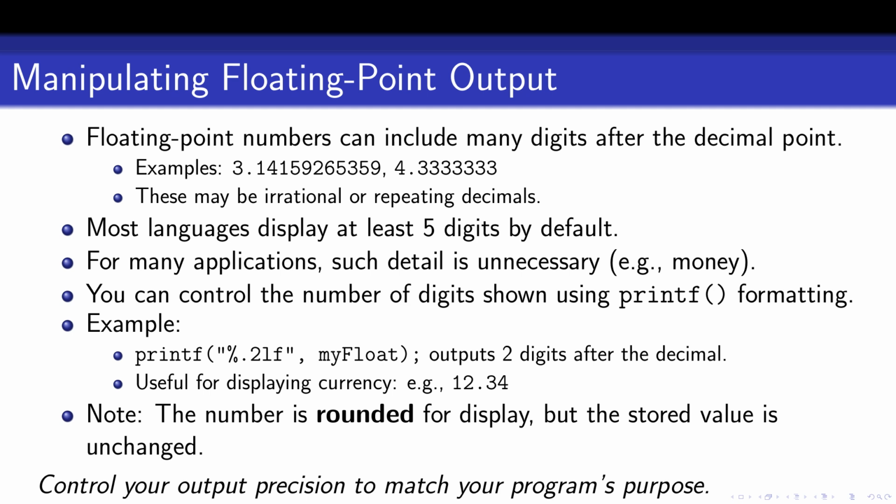The format %.2lf tells printf to show exactly 2 digits after the decimal. So printf("%.2lf", myFloat) would display the number rounded to 2 decimal places. It's important to note that this doesn't change the actual value stored in memory. It only changes how the number is displayed. This technique is helpful for simplifying output and improving readability, especially in user-facing programs.